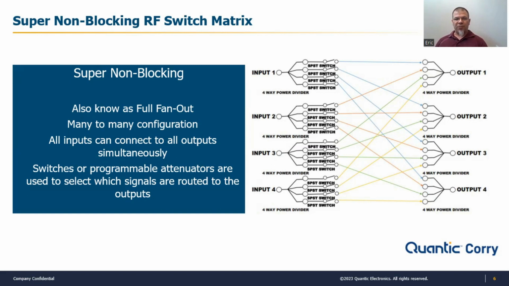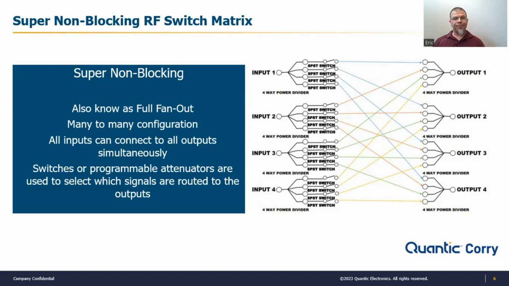This is also known as a full fan-out matrix, because you could, for instance, connect input one to all four outputs, or some mixture of inputs to some mixture of outputs. It's really quite flexible, and those connections can be done simultaneously.